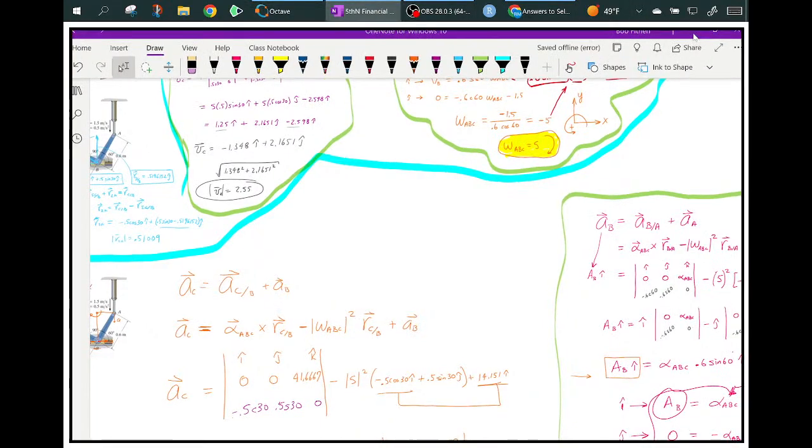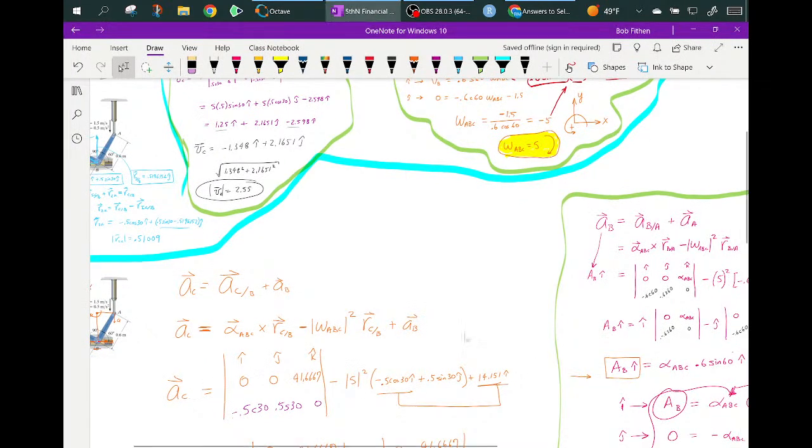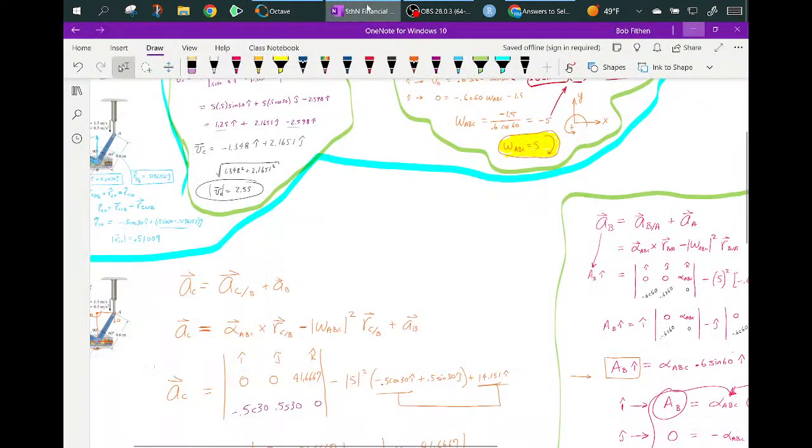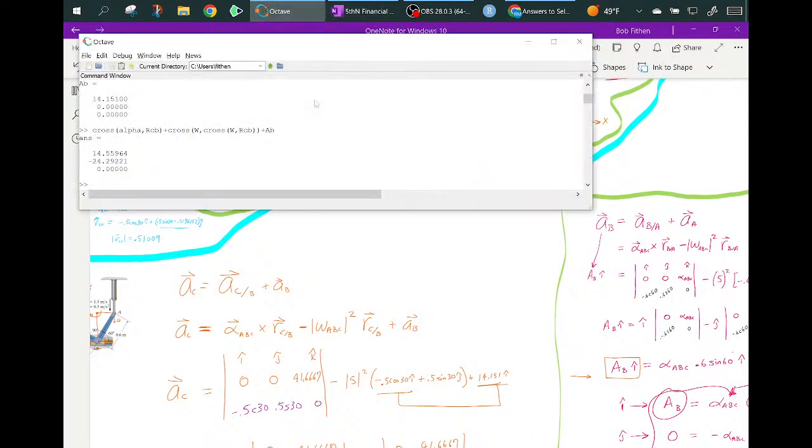I don't know what's happening. Okay. Bring it back. Go to here. All right. Okay, so this is what I get for acceleration of C. And then if I do the norm of the acceleration of C, I get 28.